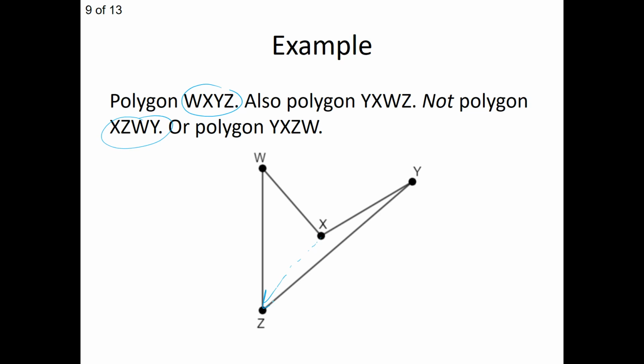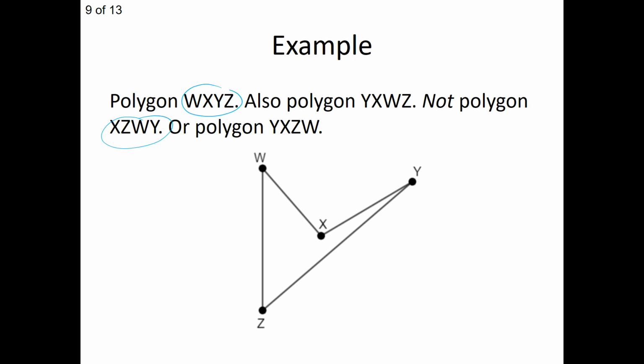No way, I can't name my polygon like that. XZWY, whoa, that is way wrong, right? I did travel along a side here, but I travel along another diagonal here. Yikes, cannot do that. All right, so what we have to be careful with is as we pick our direction, we stick with the adjacent vertices, not trying to follow along a diagonal.